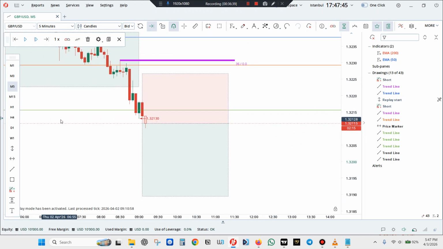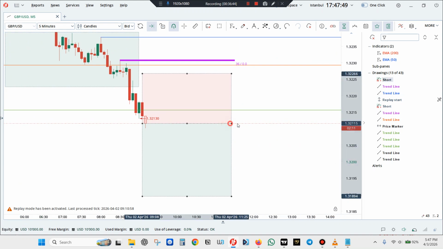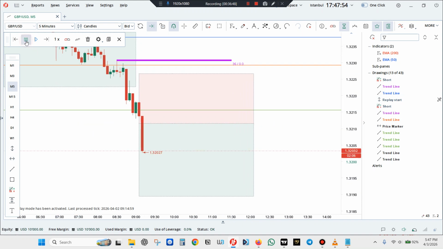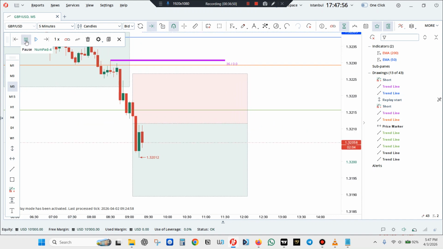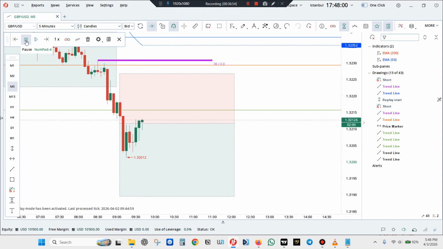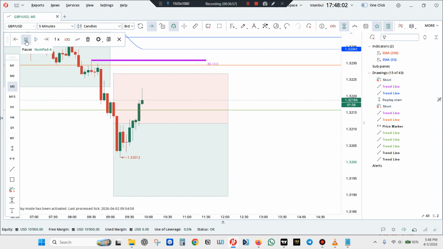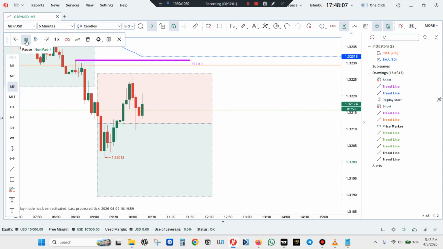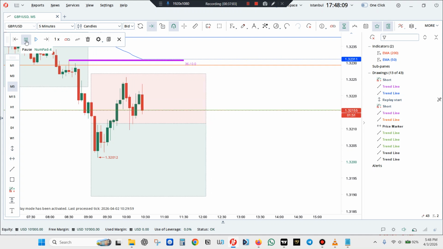So remember, we are marking trailing levels to see how price is respecting. So I'll just play. Let's see how price delivered with this trade. I know now you know how to mark the trailing levels to see if our trailing levels are being respected, holding price. Yeah. So let's see.